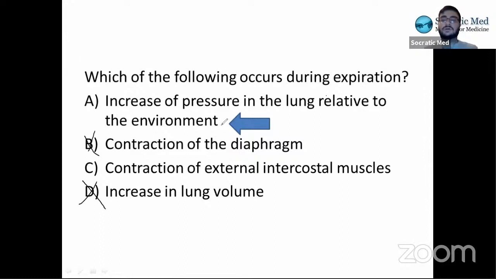Contraction of external intercostal muscles: I didn't cover this too in depth, but these are the other muscles in your chest and abdomen area that are mainly used for forceful breathing, but aren't really used for normal breathing, right? So A is the best answer out of these.